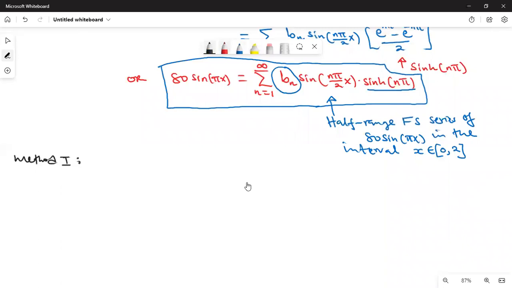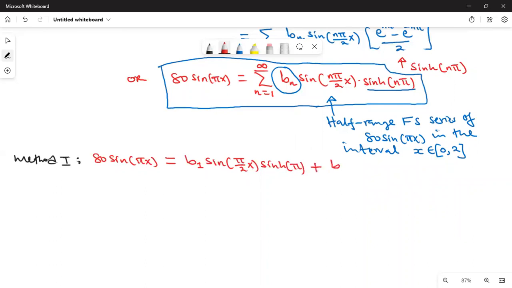So we are saying that 80 sine pi x, when you expand the right-hand side, when n is equal to 1, we are going to get b1 sine pi over 2 x times hyperbolic sine of pi. That is when n is 1.